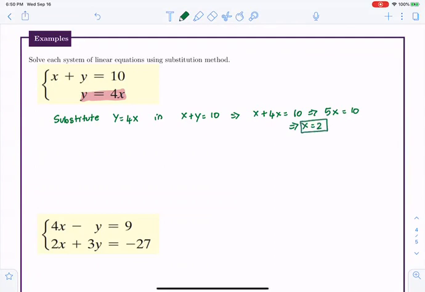So by substituting y equals 4x, in other words, the second equation in the first, we end up solving for x, and x happens to be 2.